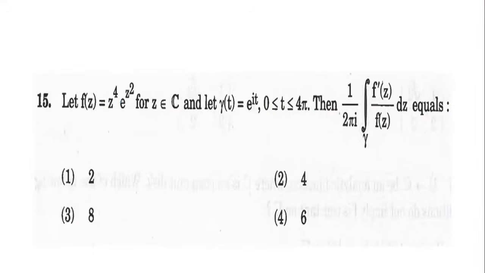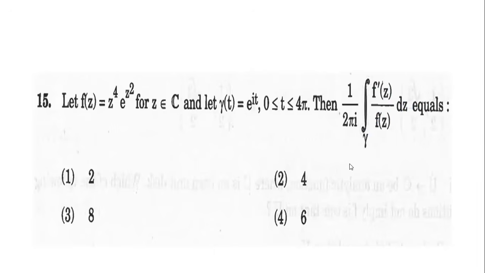Next, 15th one. Let f of z is equal to z raised to 4 e raised to z square for z belongs to C, and let gamma of t is equal to e raised to it, where t lies in the closed interval 0 to 4 pi. Then 1 by 2 pi i integration under the curve gamma f dash of z divided by f of z dz equals.